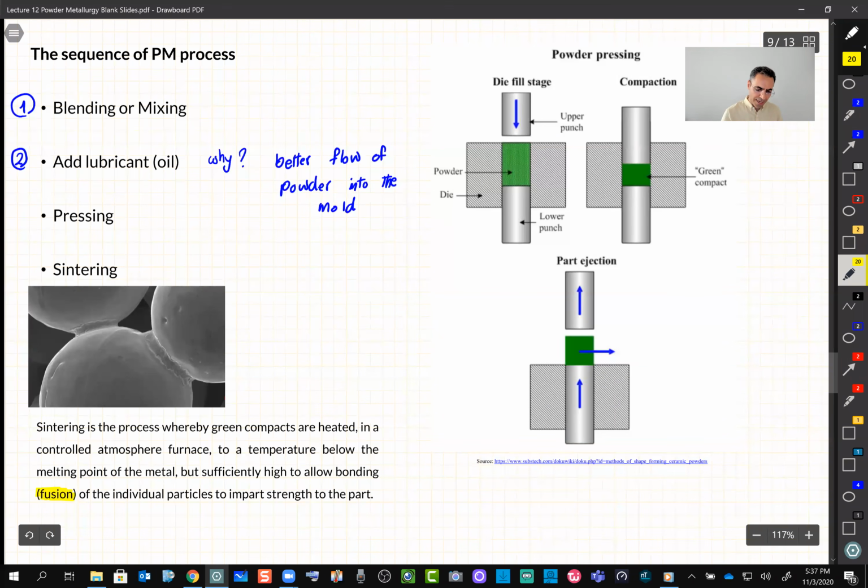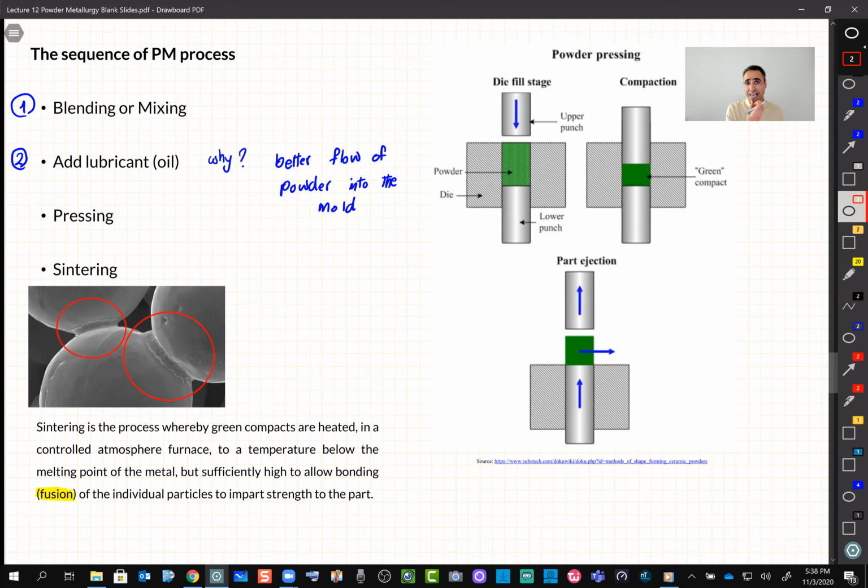And fusion, like in the outer layers, as we saw in this image, these particles fuse together. And again, when we do sintering, we don't melt each particle.